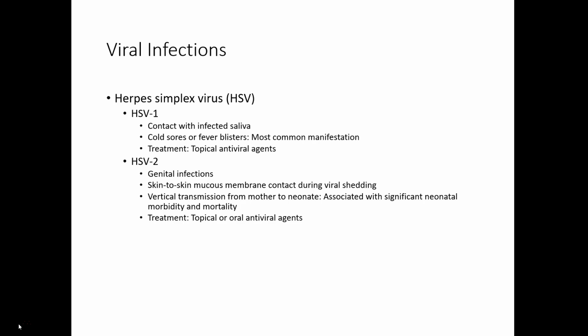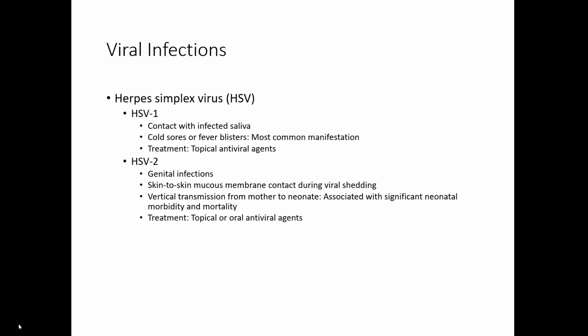Viral infections, we talk about HSV 1 and 2, herpes simplex. The way I remember this is HSV 1 is above the belt, HSV 2 is below the belt. As far as HSV 1, you get contact with infected saliva, you get those cold sores and fever blisters, the most common manifestation, and treatment is topical antiviral agents.